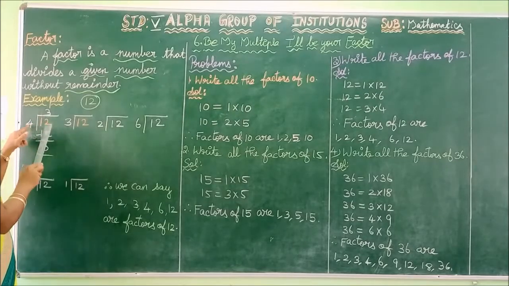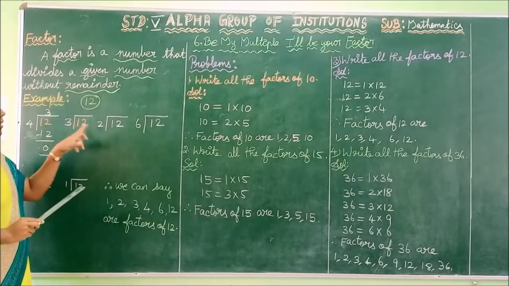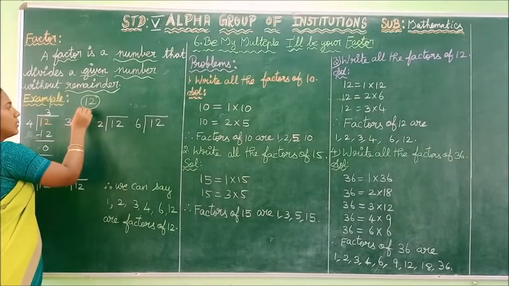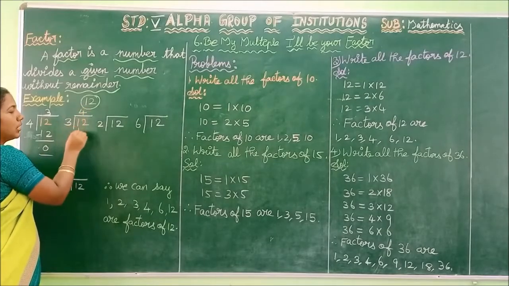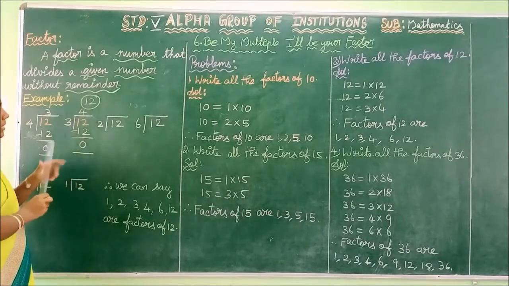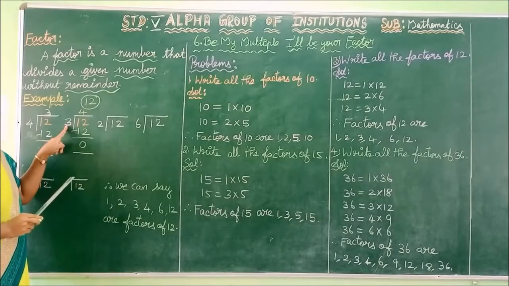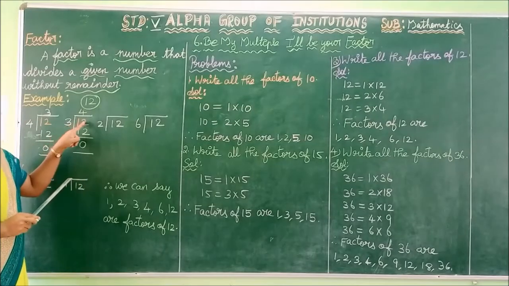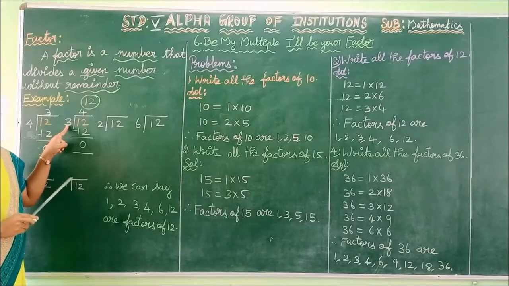Do you understand, children? Once again, I am going to divide 12 by 3. How many times does 3 go into 12? 4 times. So 4 3s are 12, and your remainder is 0. Since we get the remainder as 0, we can say that the divisor is a factor of the given number.